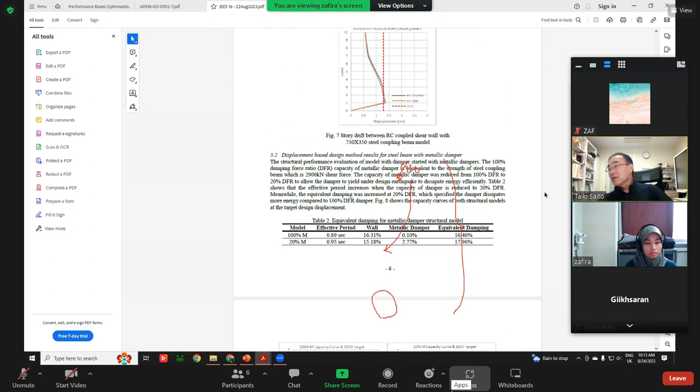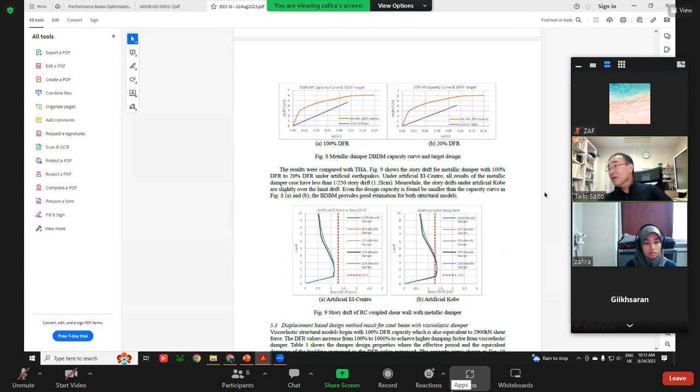Then you show the result of the metallic damper, but unfortunately, it doesn't match. So this is a very strong metallic damper, right? And this is a very weak metallic damper.